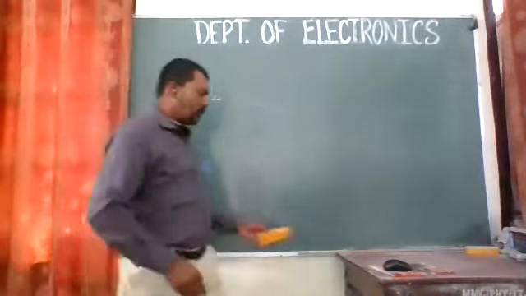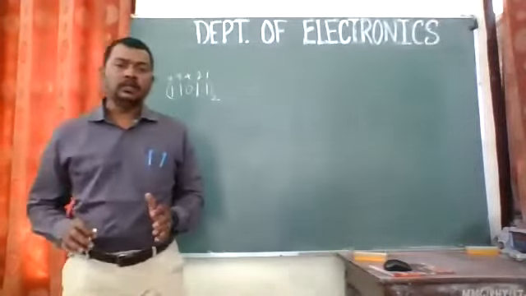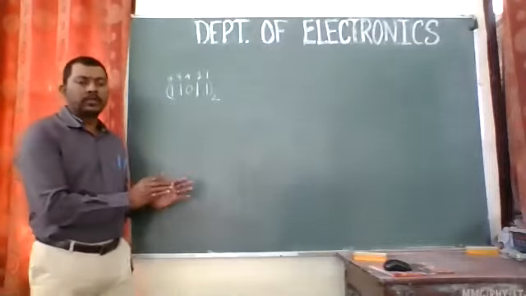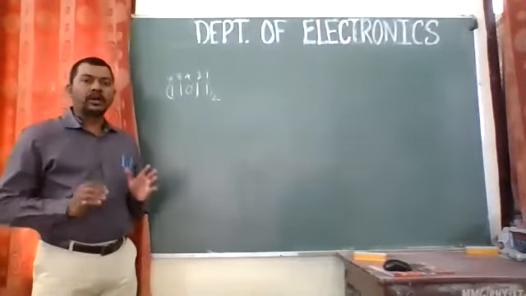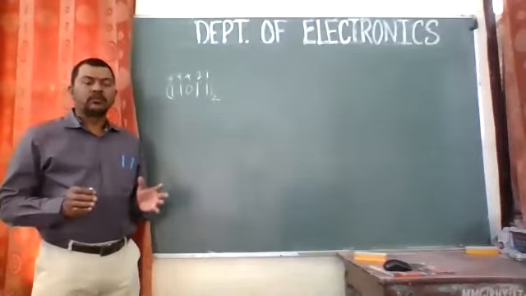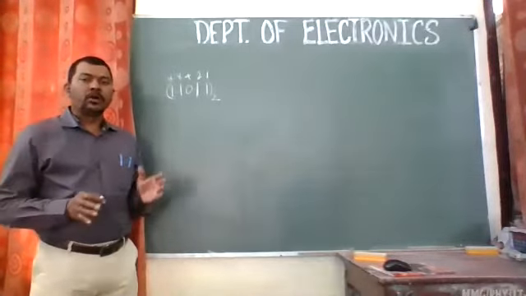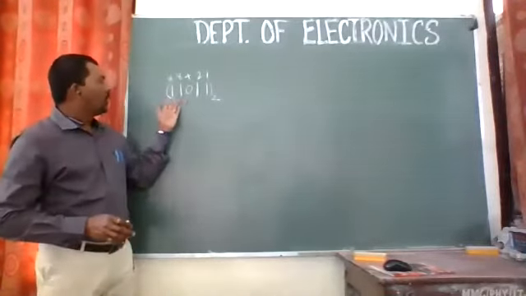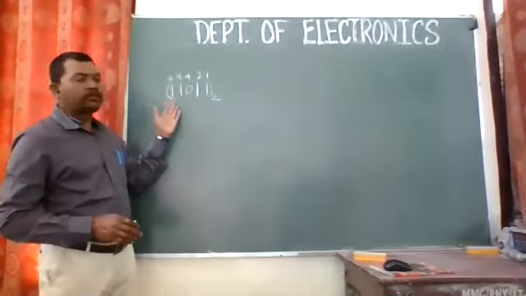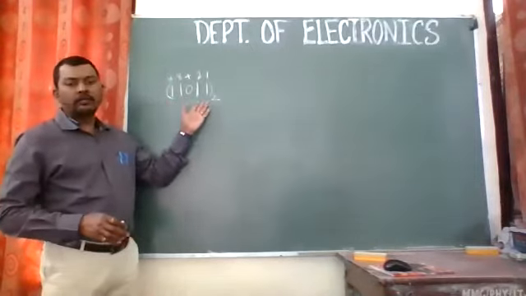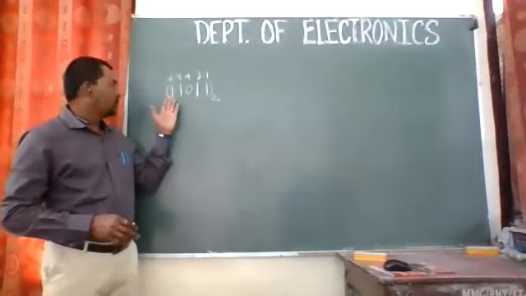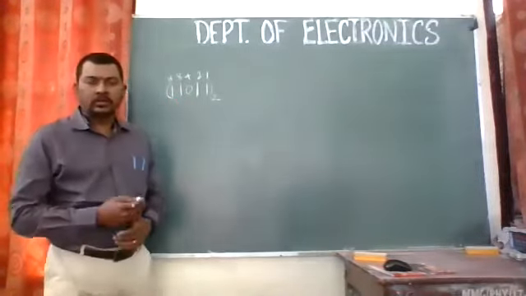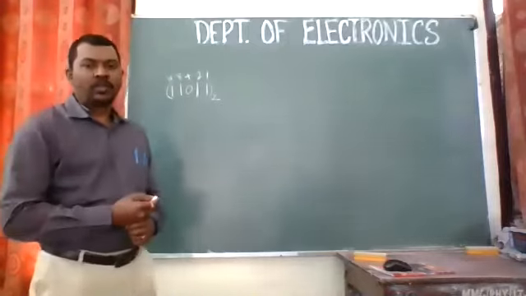Now, the problem is, being students of electronics, we understand how to convert this binary number to decimal. But a layman who does not understand this will face a problem looking at this number. So he will see this number as something like 11,011.